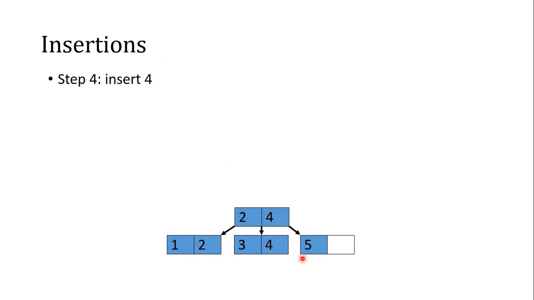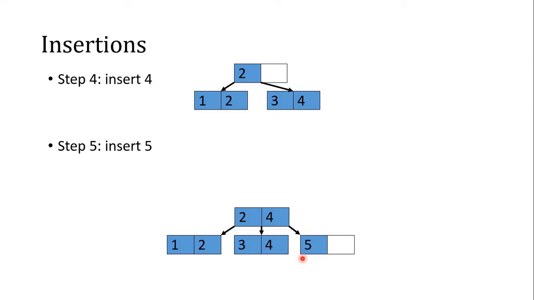Now if you insert 4 here, 4 will be inserted here. So you are inserting 4, then inserting 5. Whenever you insert 4, 3 has a space beside it, so it is just inserted here. Whenever you want to insert 5, another node is created.